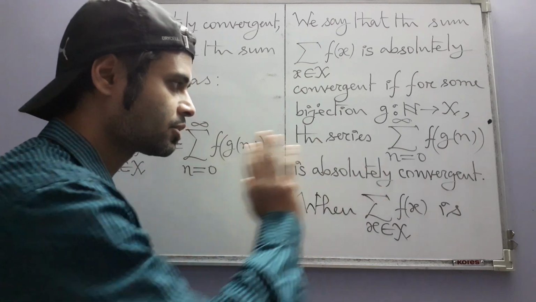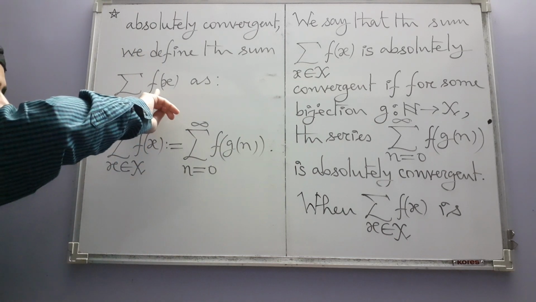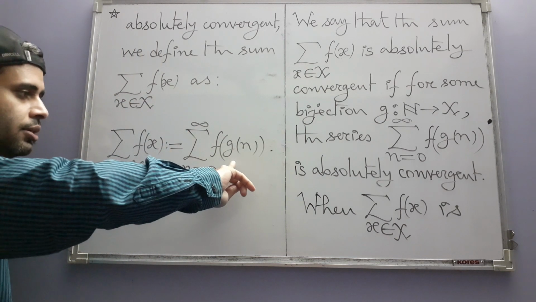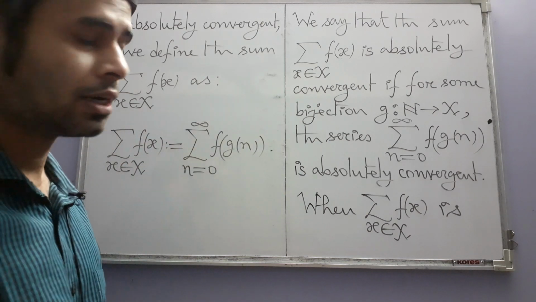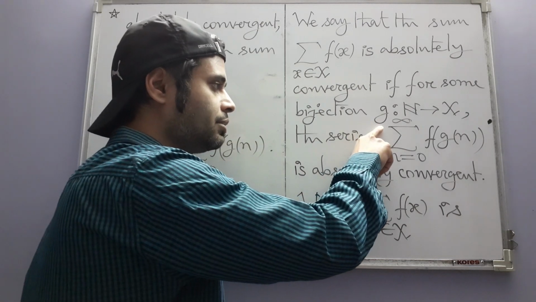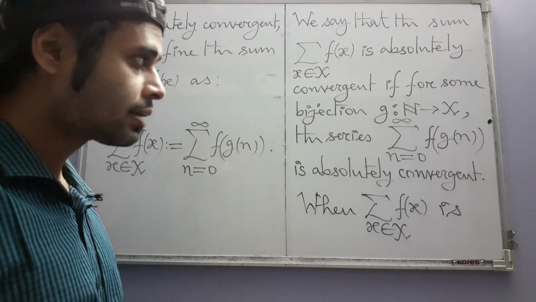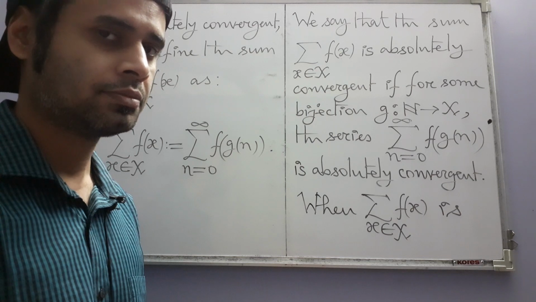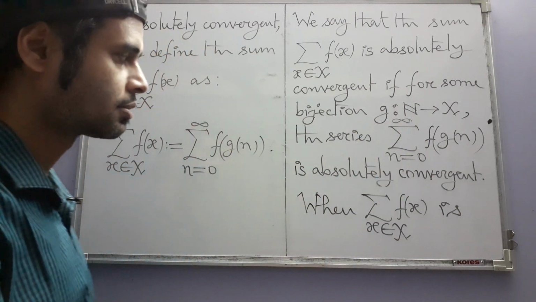When you have absolute convergence, then you are defining the value of this symbol to be equal to the sum of this series. However, you have got one g for which these things have happened, you may get another bijection also. Just now I have said that there may be multiple such bijections.